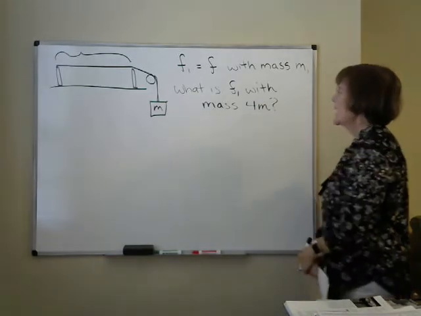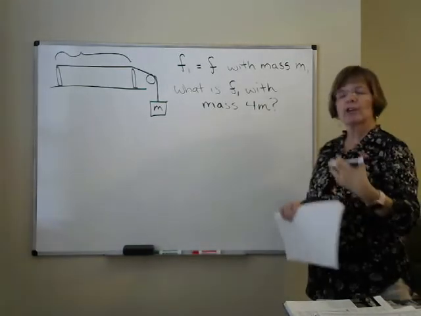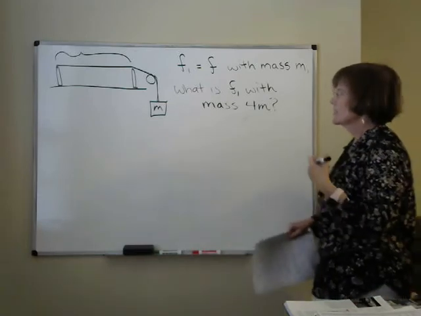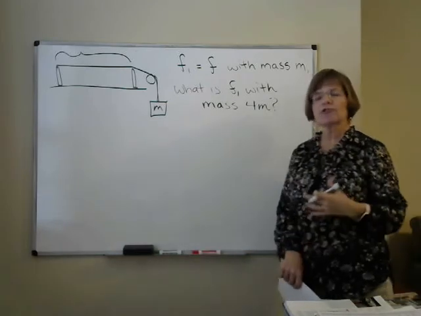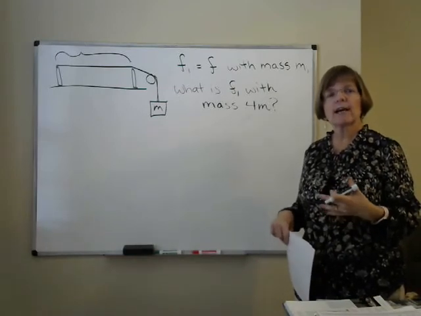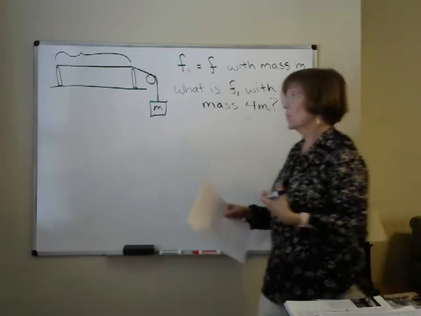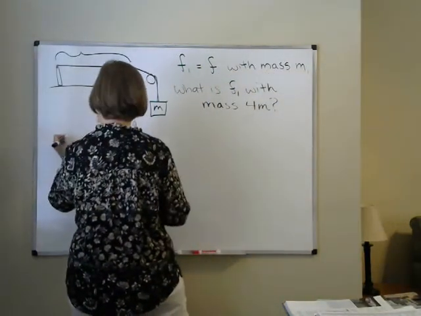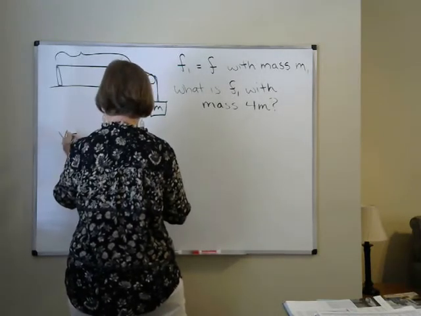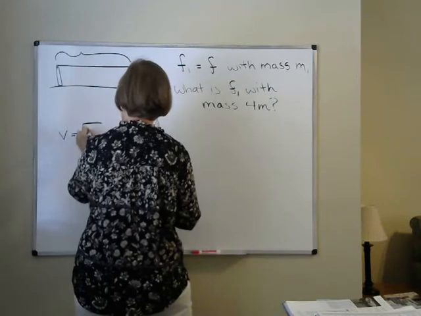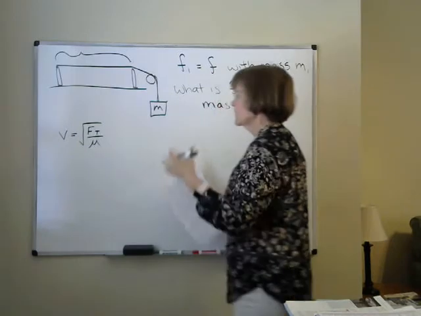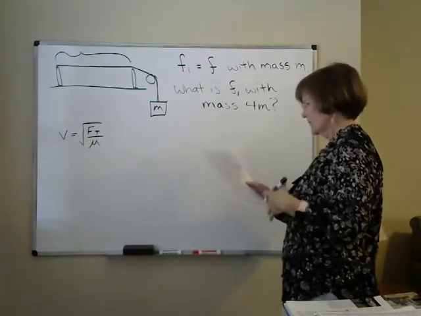In other words, how does quadrupling that mass change the fundamental frequency? Well, the first thing that should be obvious is increasing that mass changes the tension, right? Which in effect changes how fast that wave will travel. We know that a wave speed can be given by tension over mass per unit length. There's our formula, square root of the tension over mu.